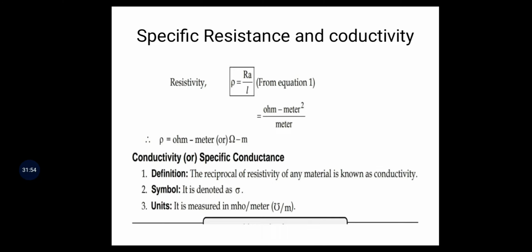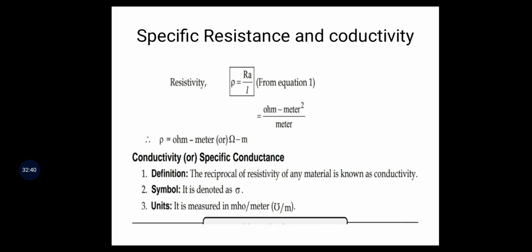Next we are discussing conductivity. So resistivity rho equals RA by L, and the unit is ohm meter. Conductivity, or specific conductance: the reciprocal of the resistivity of any material is known as conductivity.